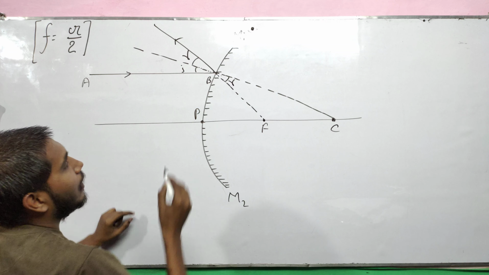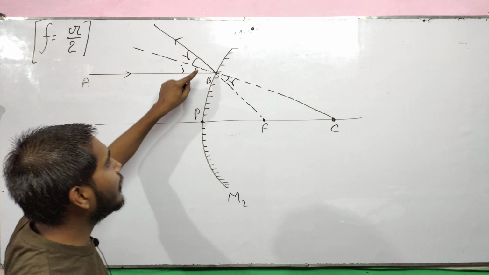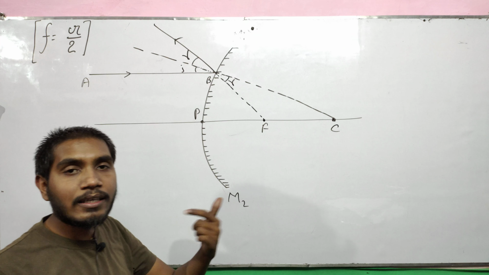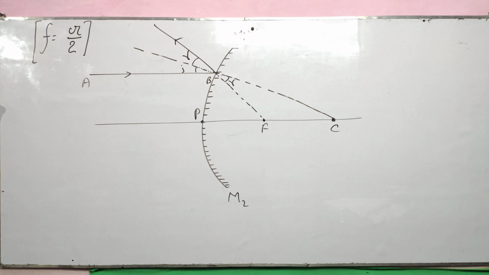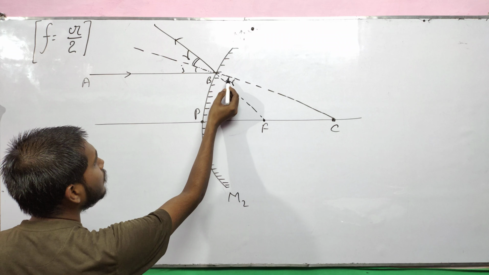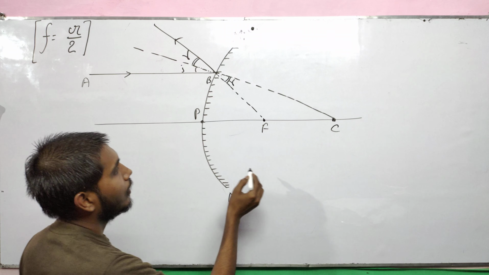It is also R. Why? Because these are vertically opposite angles, so equal.